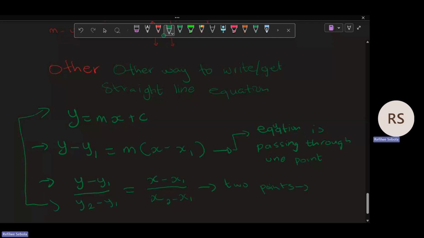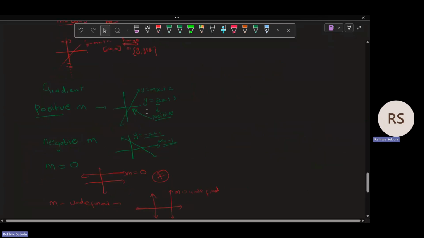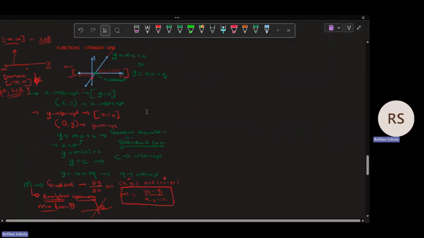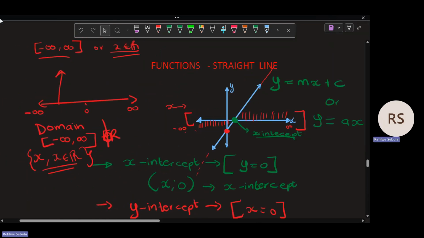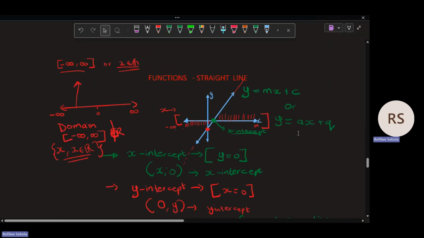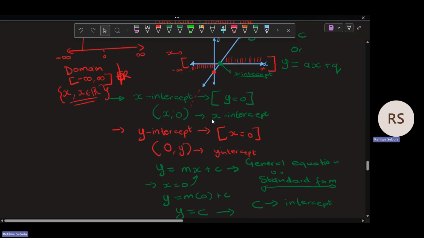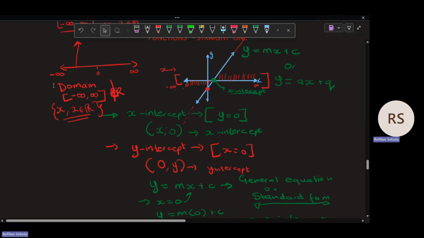Let us recap on our straight line. This is how the straight line looks. It has the equation y equals mx plus c, or it can be written as y equals ax plus q. We have discussed the y-intercept and the x-intercept, and then the domain, where we emphasized that all the real values will be included in our domain.